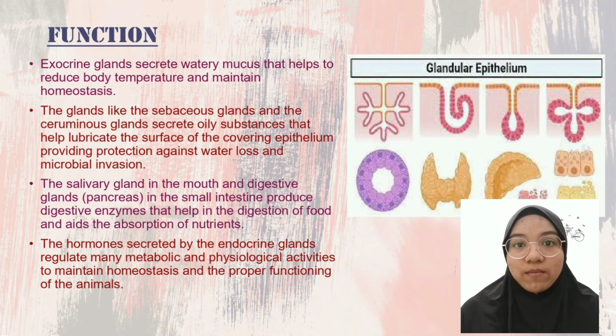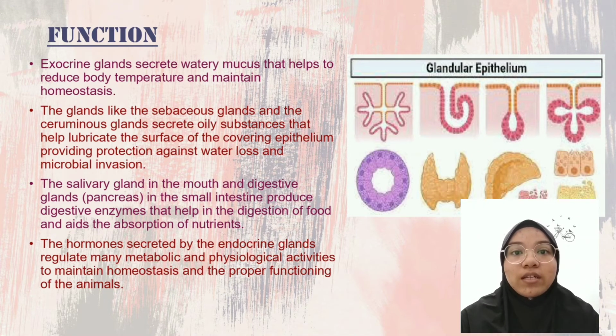So today I will talk about the functions of glandular epithelium. First, exocrine glands secrete watery mucus that helps to reduce body temperature and maintain homeostasis. Second, glands like the sebaceous glands and the ceruminous glands secrete oily substances that help lubricate the surface of the covering epithelium, providing protection against water loss and microbial invasion.